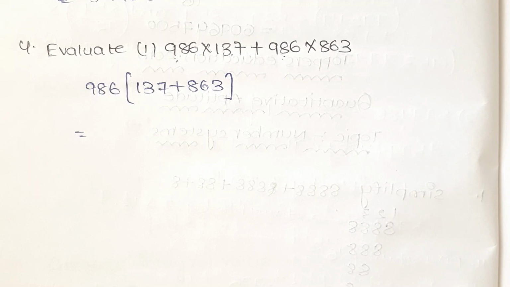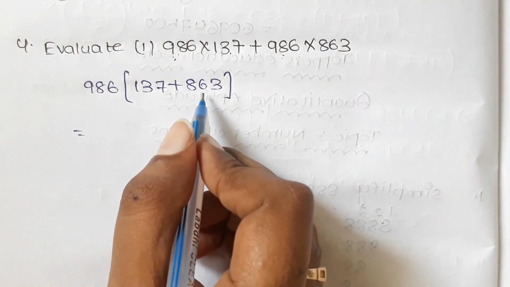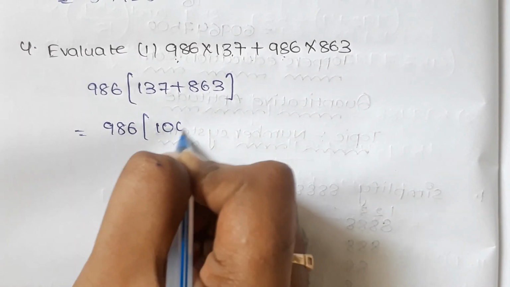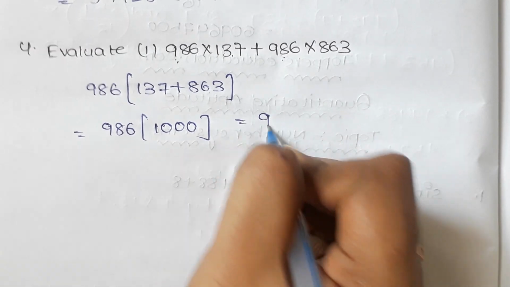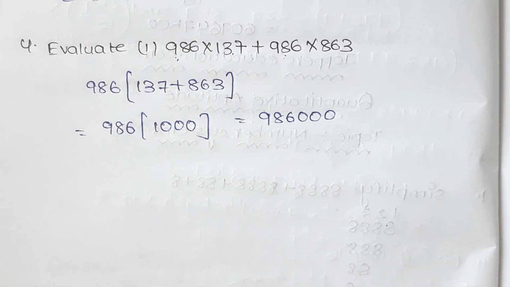The sum of 137 plus 863 is nothing but 1000, so 986 into 1000 equals 986,000, and this is the answer.